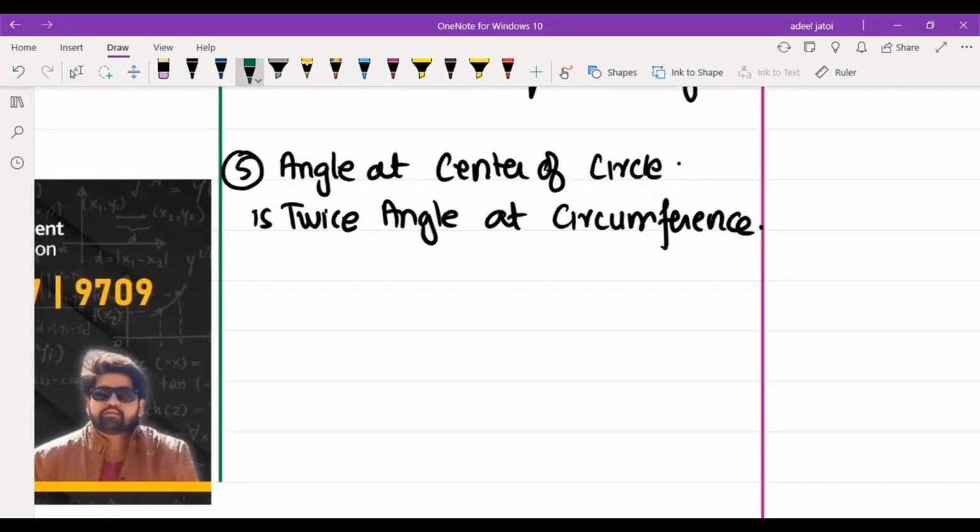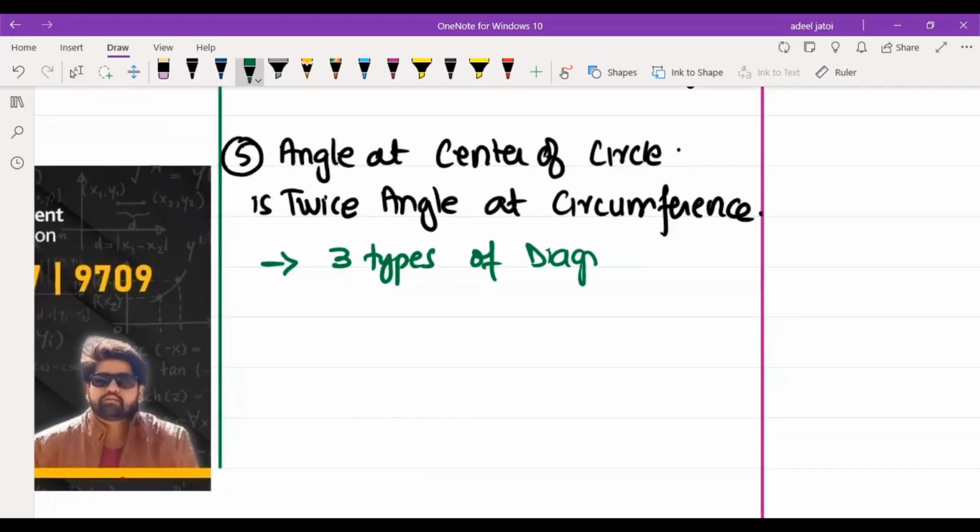But before that, you need to understand that it has three types of diagram that are linked with this.